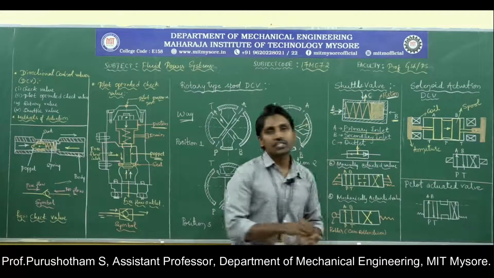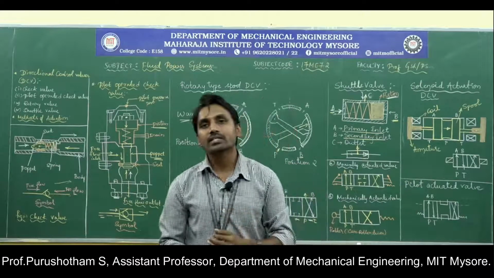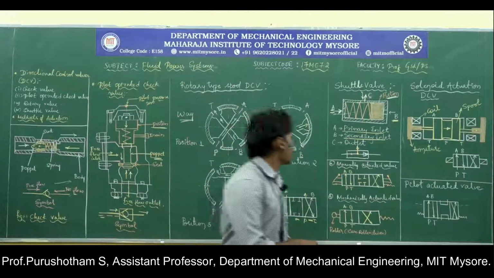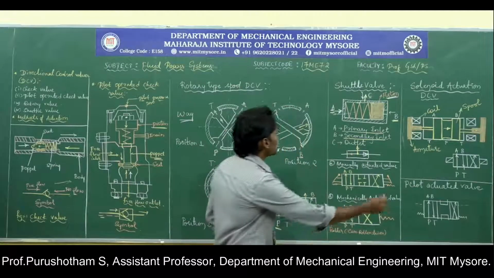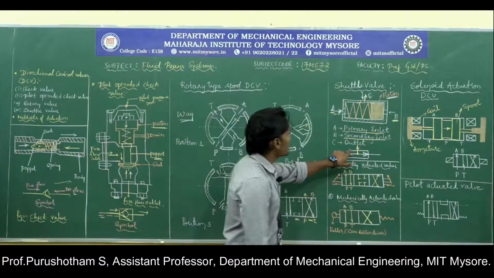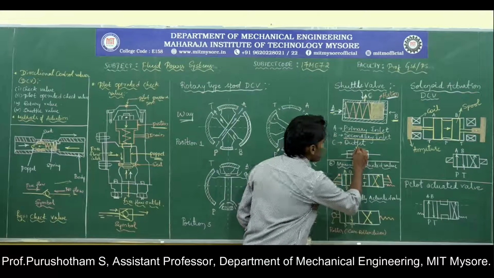These shuttle valves are used to reduce shock, and the leakages are minimum in the shuttle valve. One of the major things is that reversible flow is possible in the shuttle valve. This will be shown in this symbol.